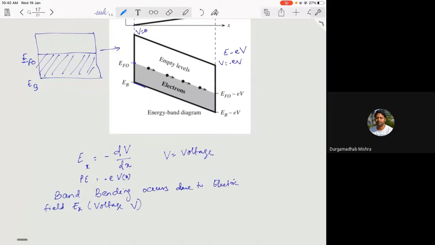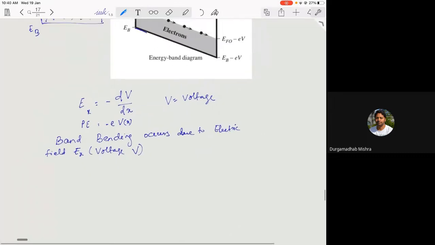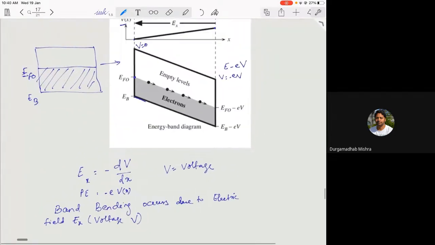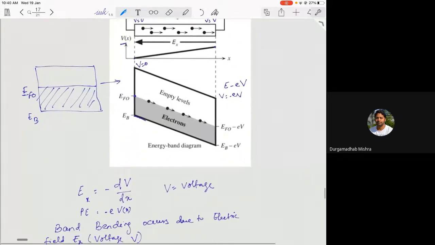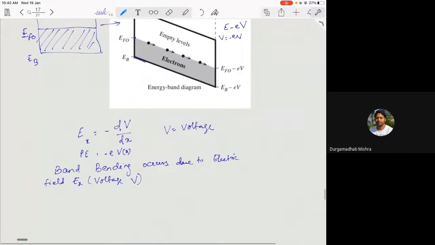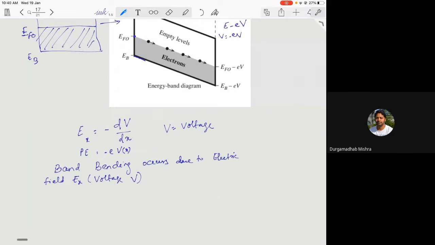Another thing you should also remember is that whenever we talk about conductivity, electrons need available or unoccupied states, so that you can achieve conductivity of electrons.